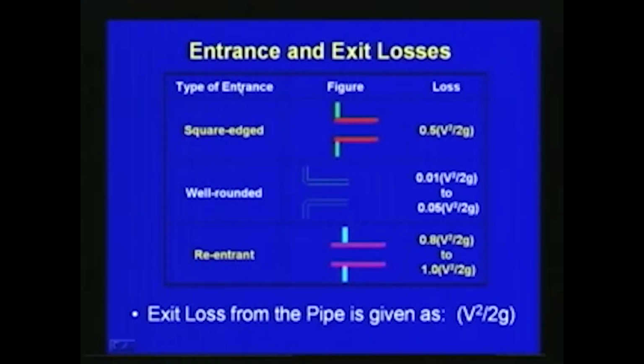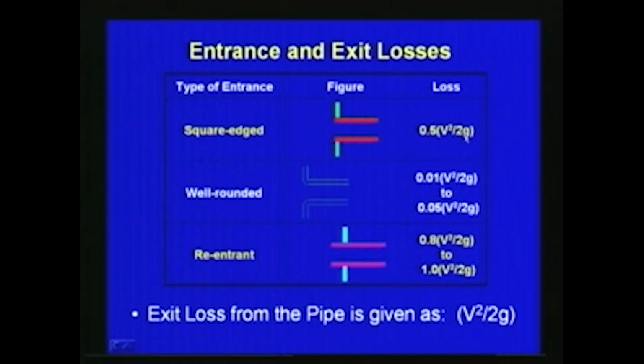Here in this slide, the type of entrance and the loss coefficients are tabulated in this table. The type of entrance is square edged, like this. You can see that this is a square edged pipe entrance. Generally the loss will be 0.5 times V square by 2g, where V is the velocity in the pipe section here.